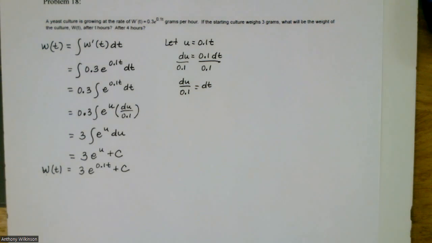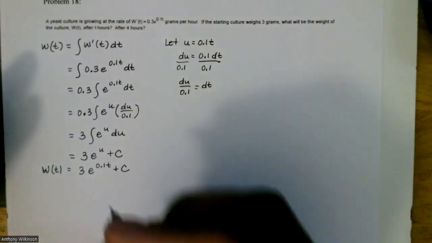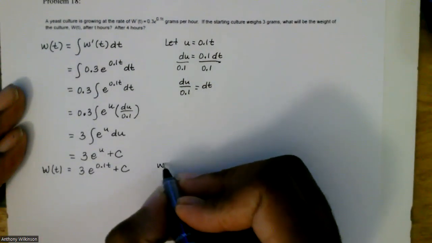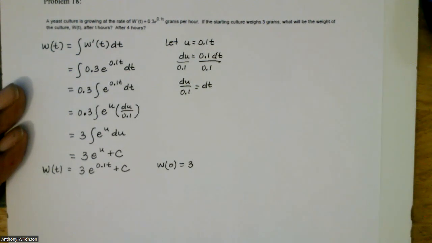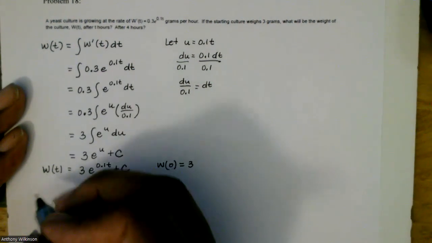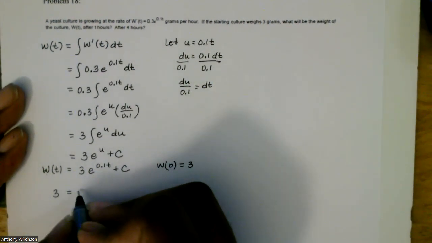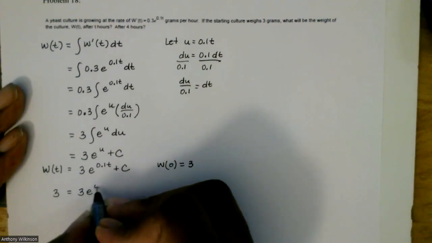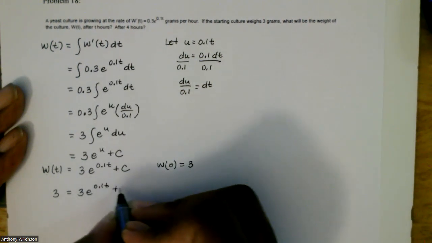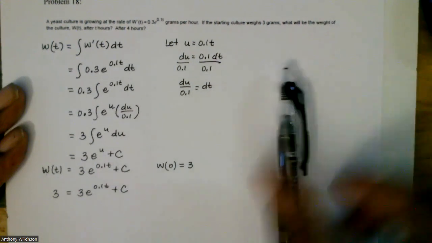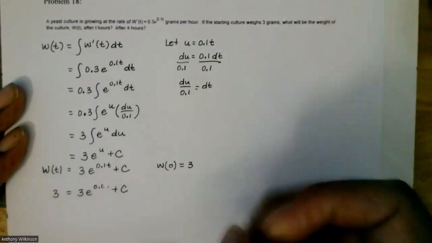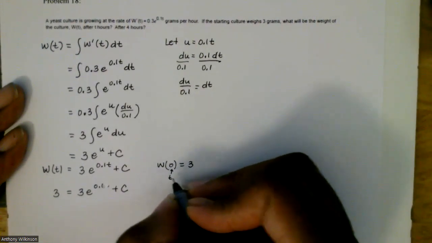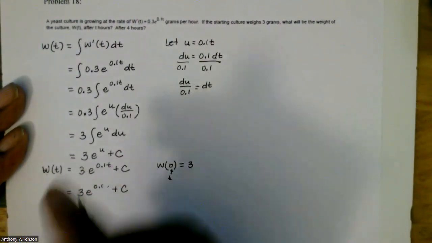Now the starting culture weighed 3 grams. So that means that W of 0 started off as 3. So we're going to replace that W of t with 3, so 3 is equal to 3 e to the 0.1t plus c. Oh, t is 0, I'm sorry. That makes it simple. If t is 0, then W of t will be equal to 3.